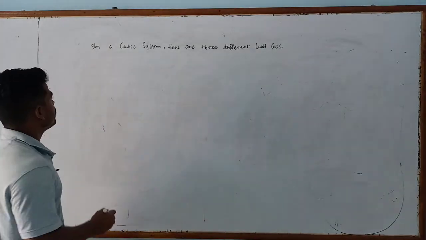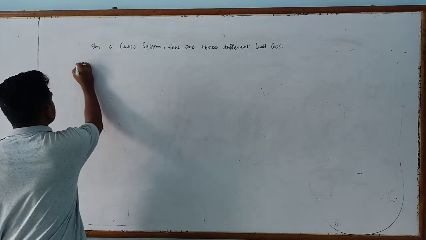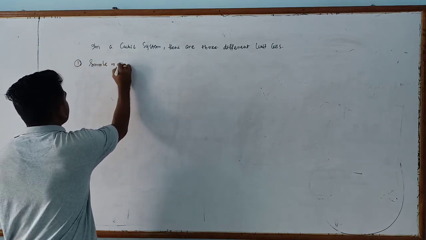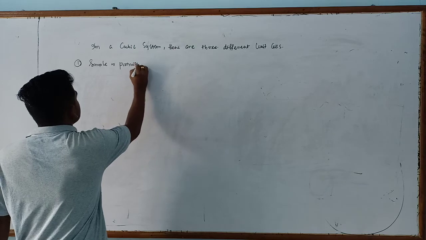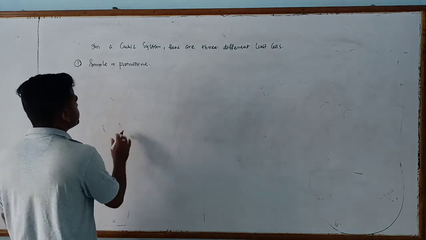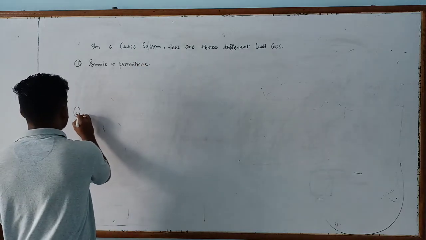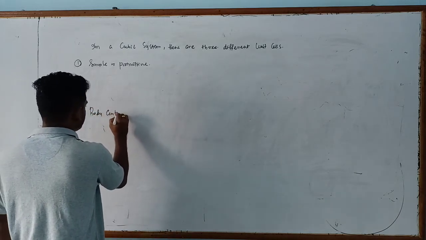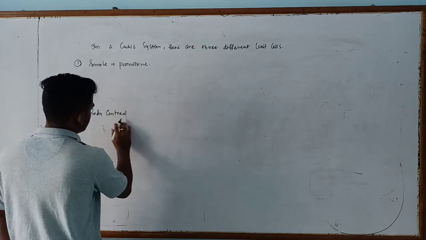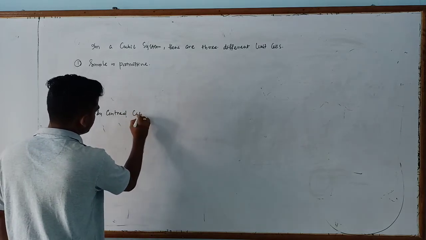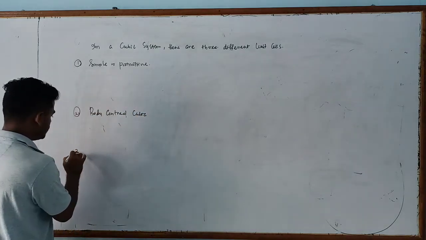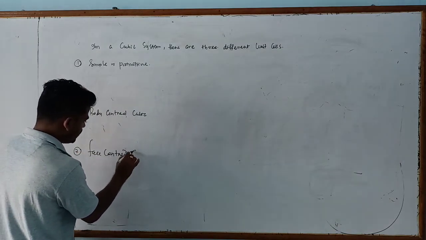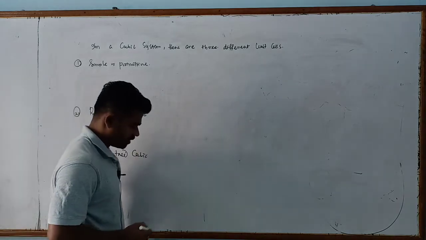The 3 are: one is simple or primitive, the second one is body centered cubic, and the third one is face centered cubic unit cell.